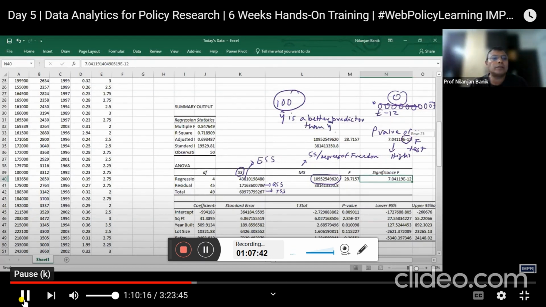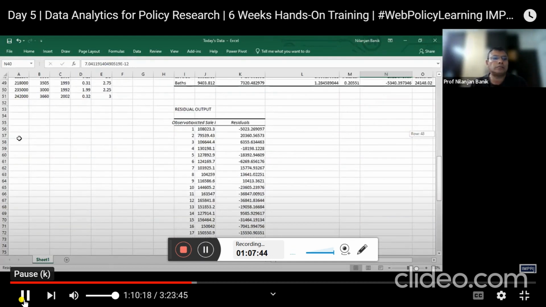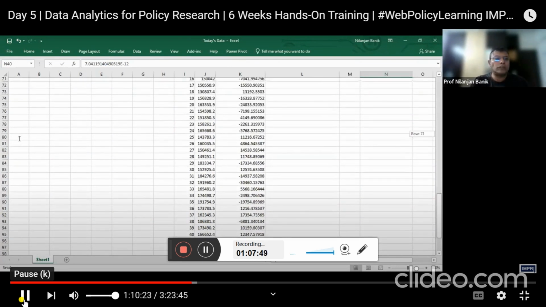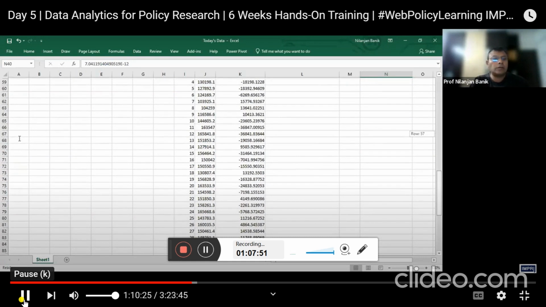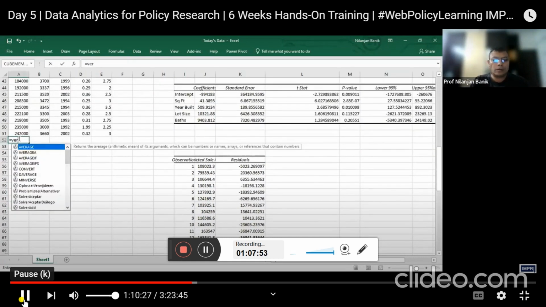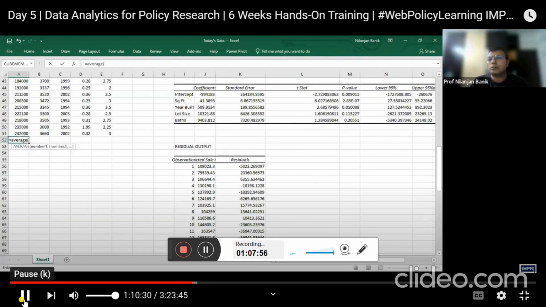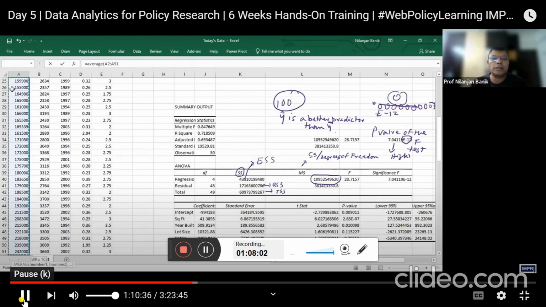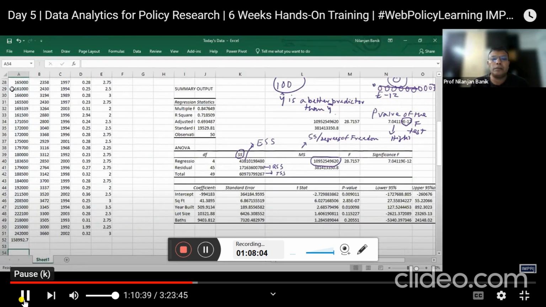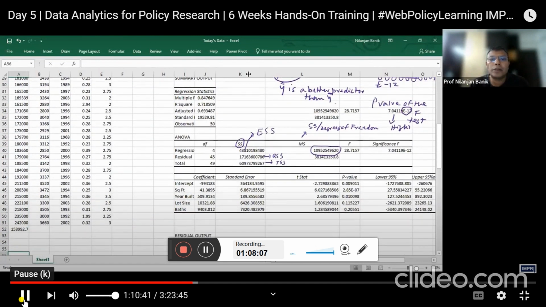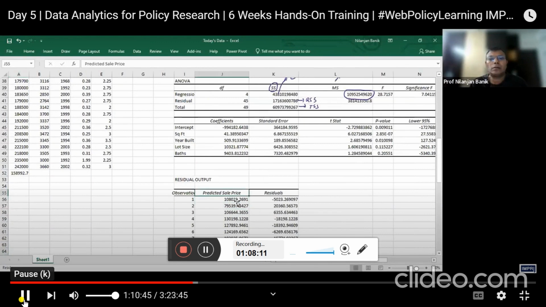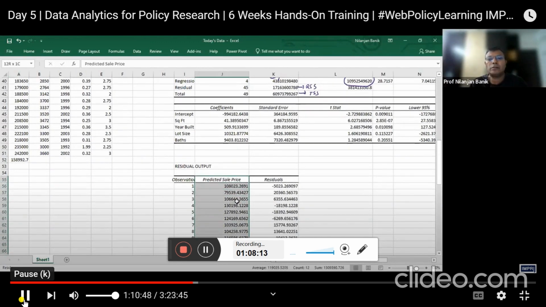Y bar is the average. If you look into this data, this is my predicted value.